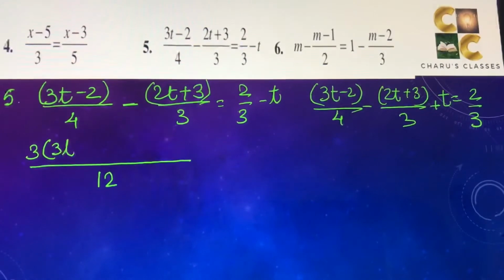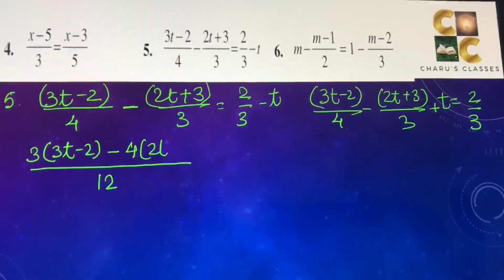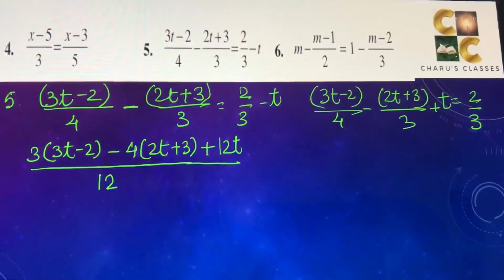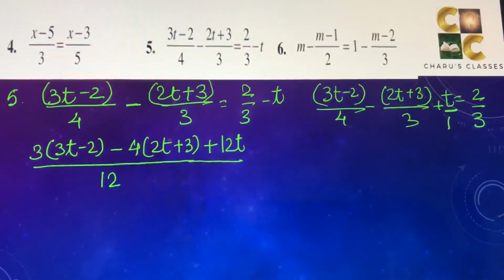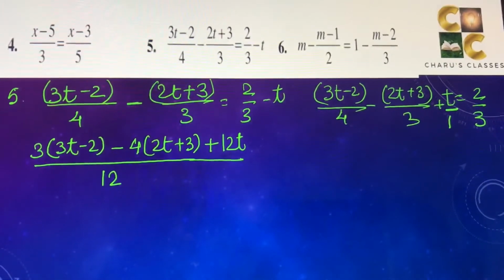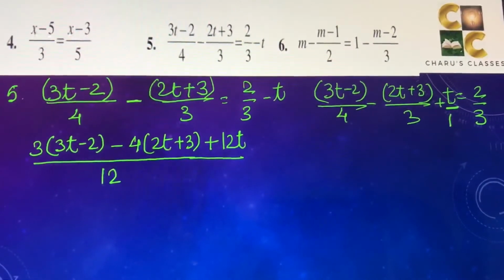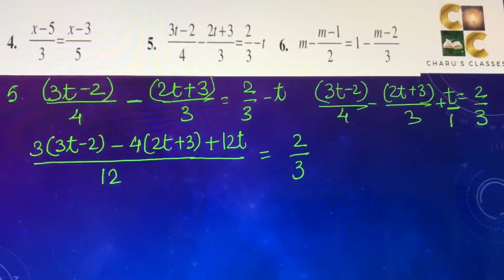That means 3 multiplied by (3t minus 2) minus 4 multiplied by (2t plus 3) plus 12t. Why 12t? Because t means t by 1. So if we are making 12 in the denominator, we'll multiply the numerator also with the 12. So this is equal to 2/3.